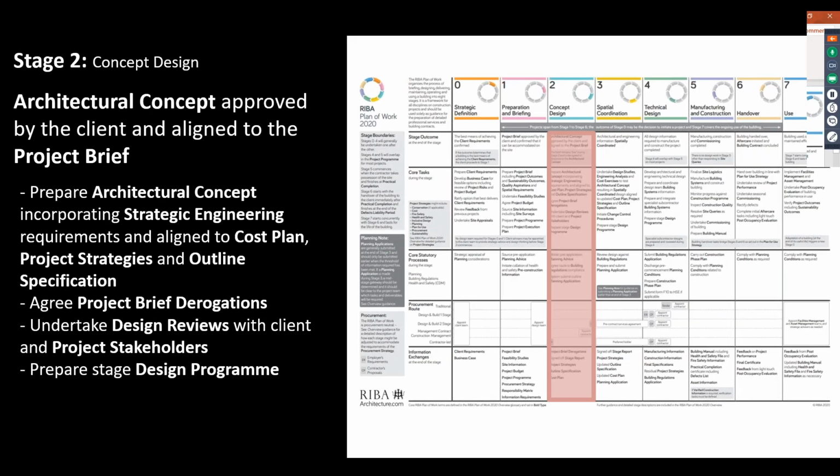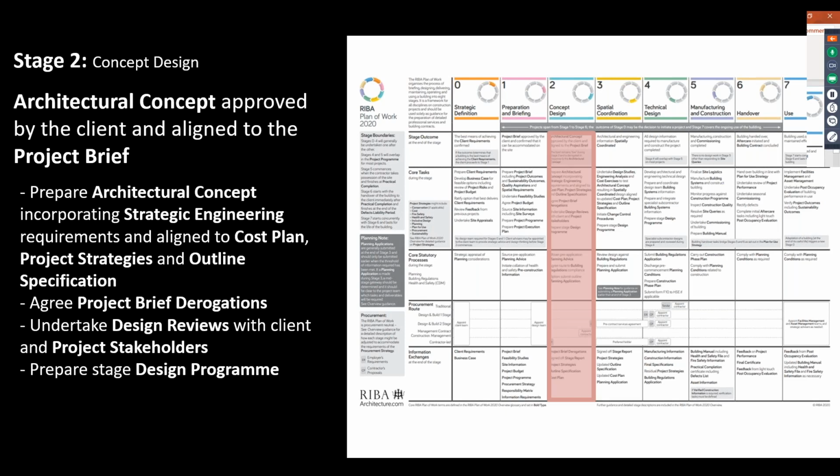And obviously, moving on from the briefing stage, stage 2 is really about defining a rock solid architectural concept that has been approved by the client and aligned to the project brief. Now, crucial to any architectural concept is a number of accompanying tasks. A concept cannot sit in isolation. It needs some strategic engineering.